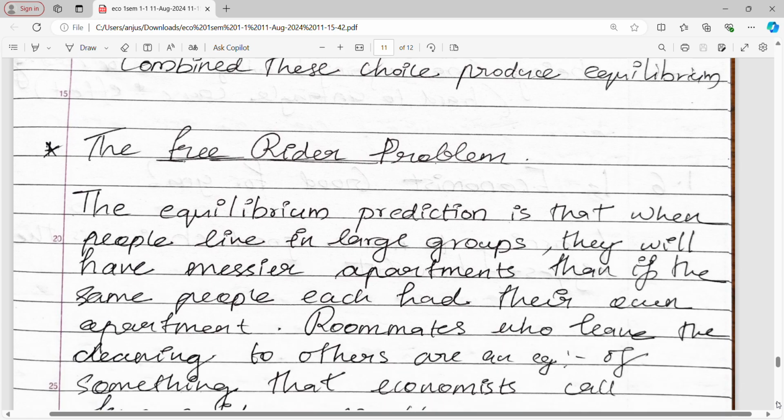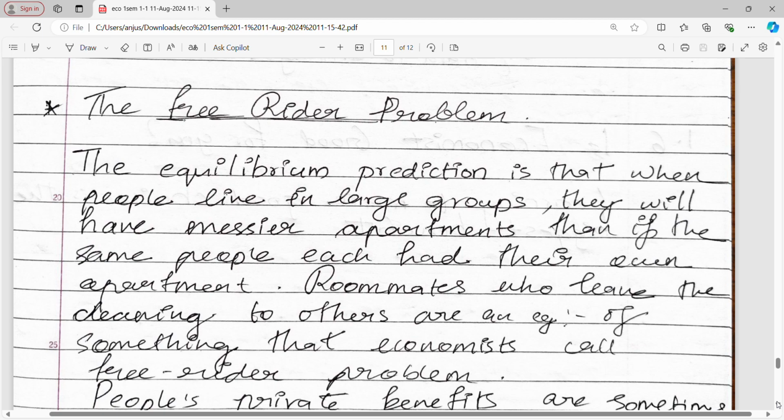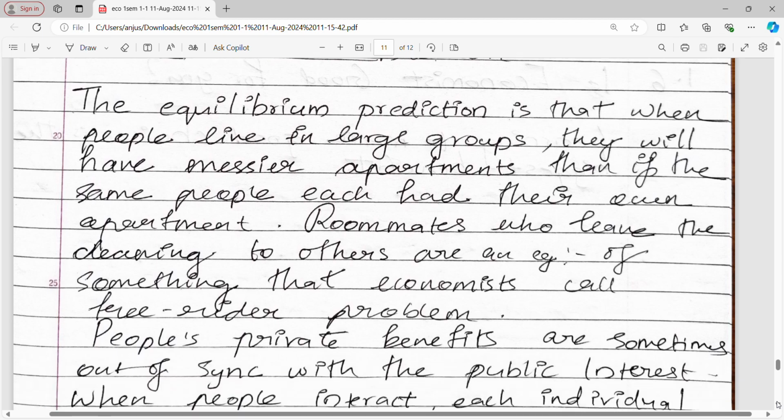Next, in equilibrium, there is a problem of free riders. In equilibrium, it is predicted that when people live in large groups, they will have messier apartments than if the same people each had their own apartments.